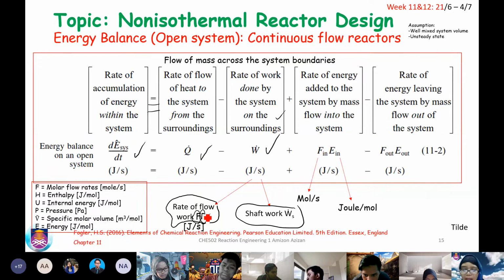So this is the flow rate, and this is P, pressure, and that is volume. That is the rate of flow work. Then we have another work, which is work of the shaft.